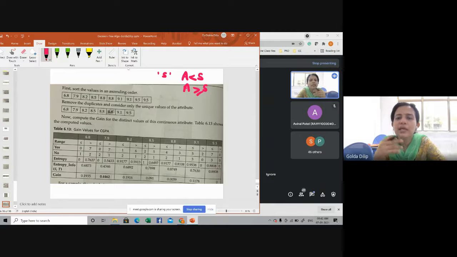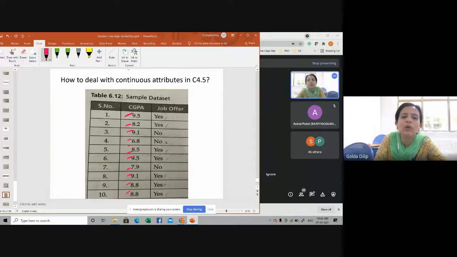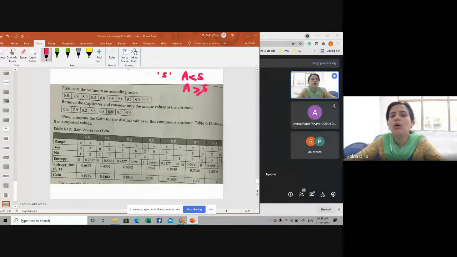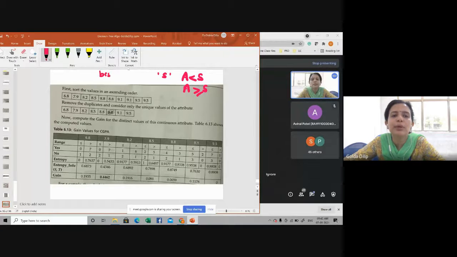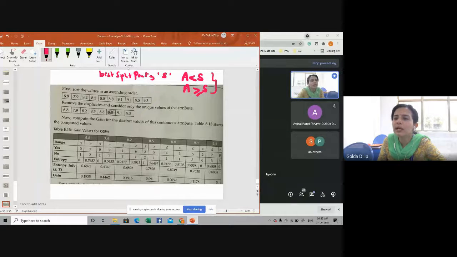So in case of a continuous value like this, you try to find the threshold point, also called the best split point, S. I categorize my set of values such that one category has all attribute values less than S, and another has all values greater than or equal to S. The best split point is the one which gives the maximum information gain for that attribute.